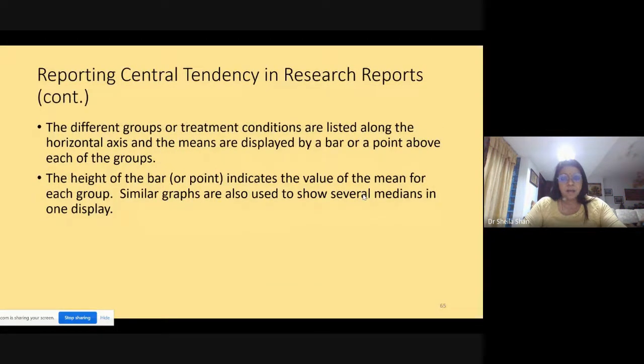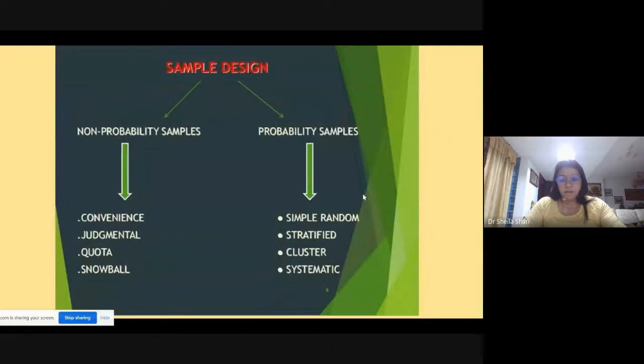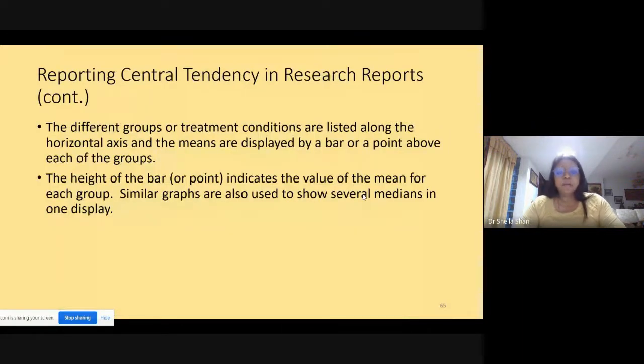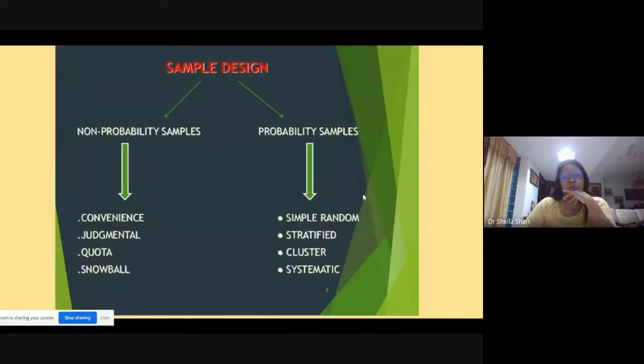How to report central tendency, I will explain later when we do SPSS. How to report your mean, median, and mode by using graphs. We use graph methods. We have box plots. We have a few ways to show all this.